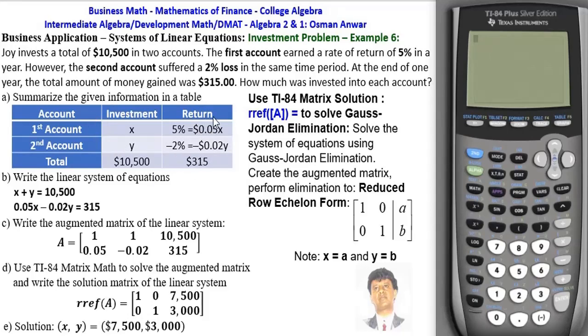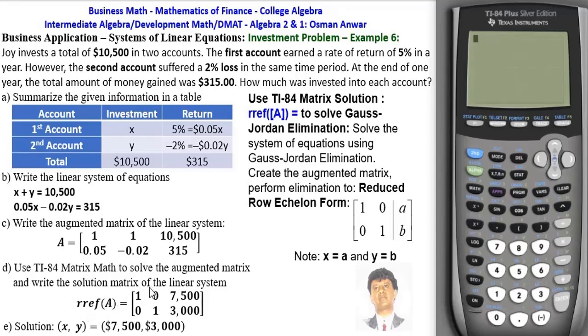So we're going to take this table and translate it into a linear system of equations. x plus y equals 10,500. 0.05x minus 0.02y equals 315. We take this linear system of equations and translate it into an augmented matrix A, x plus y equals 10,500, 0.05x minus 0.02y equals 315. So we will take this augmented matrix, take rref of that.